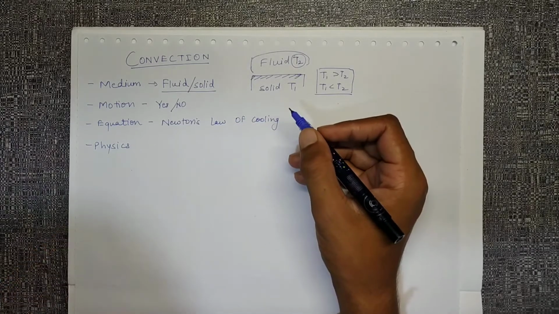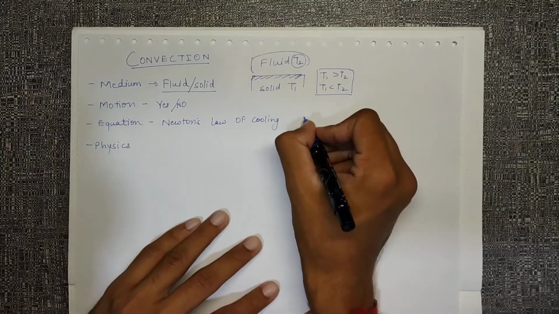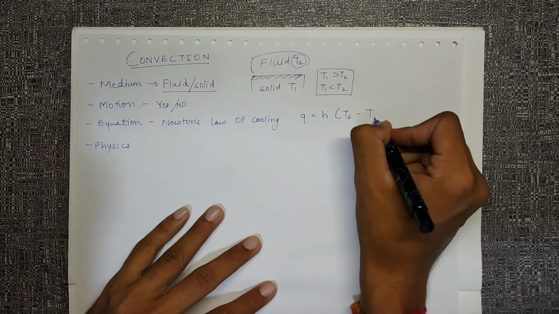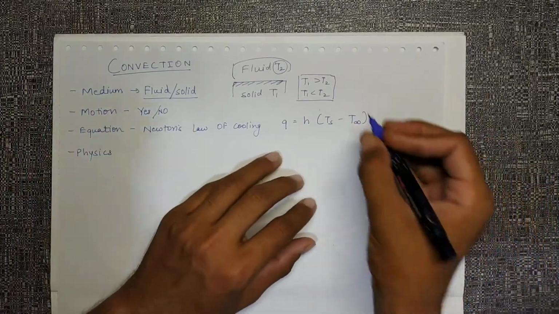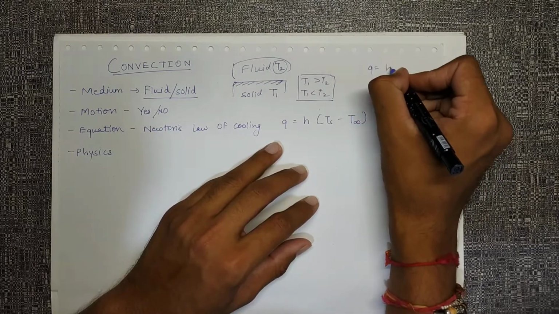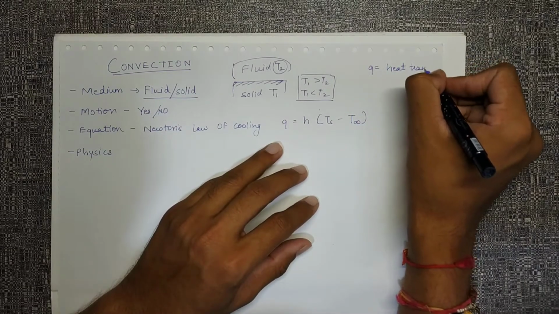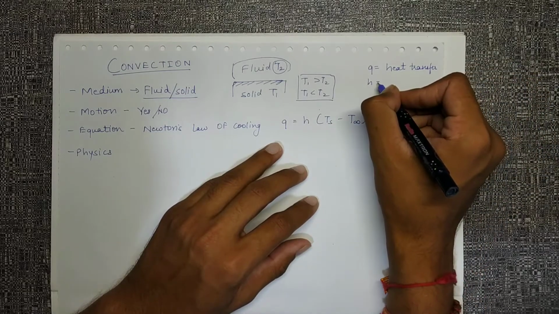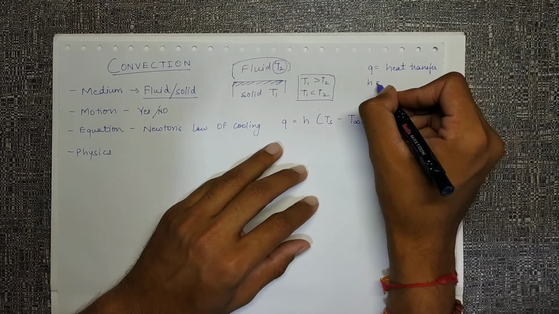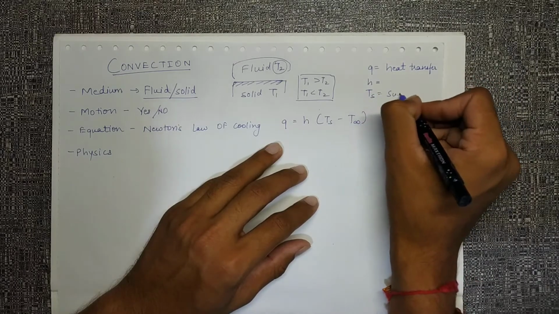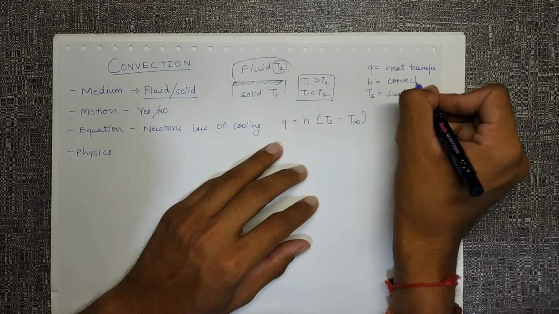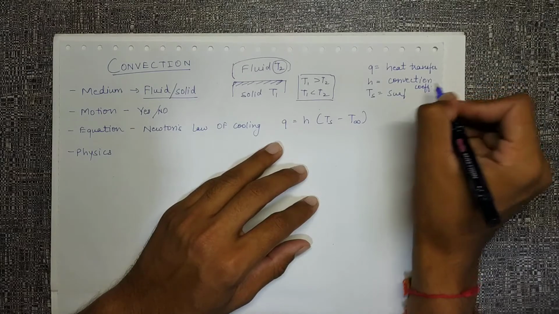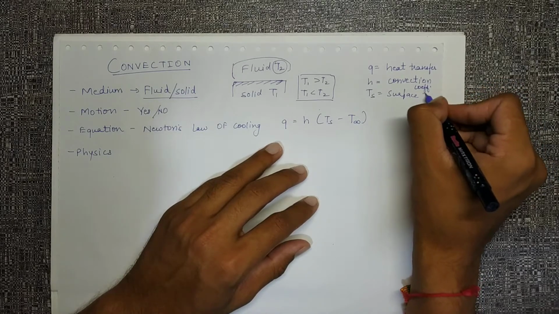The heat Q is h times (Ts minus T infinity). Q is the rate of heat transferred. h is the convection coefficient. Ts is the surface temperature.